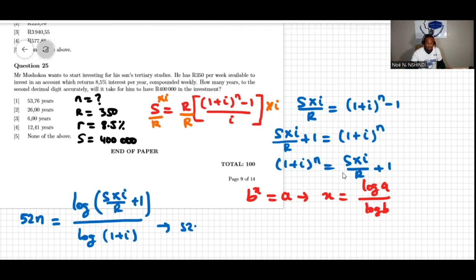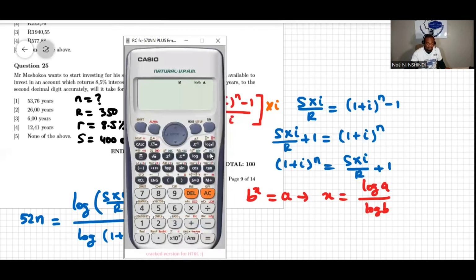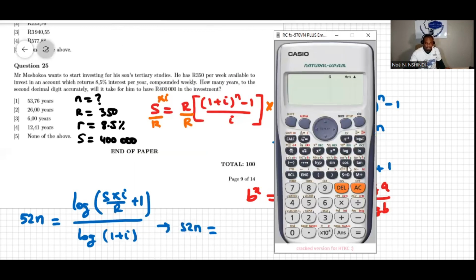Now 52n will be equal to log of S, which is 400,000, multiplied by 0.085 divided by 52 because there are 52 weeks in the year, all over R, which is 350, and then plus 1, close bracket. That was the numerator.